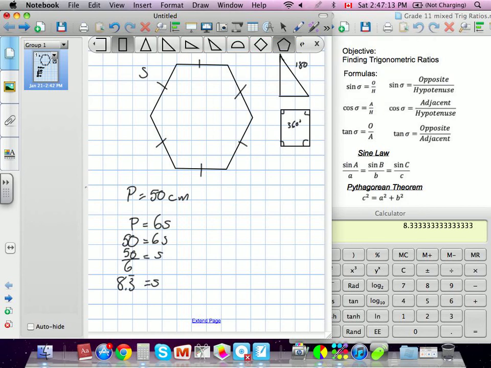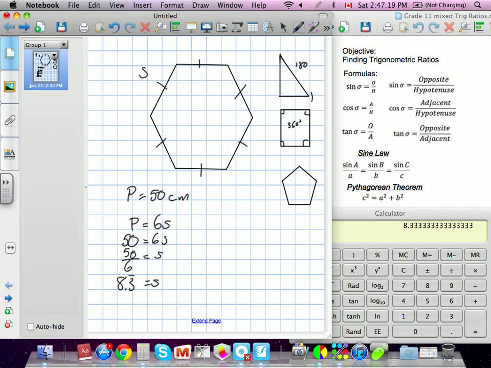How many degrees? Yeah, we do the same pattern. We add 180, 540, and then if we add 180 to get up to here, we would get a total of 720. 720 degrees is what all of these will add up to.